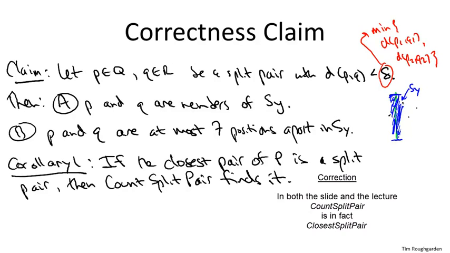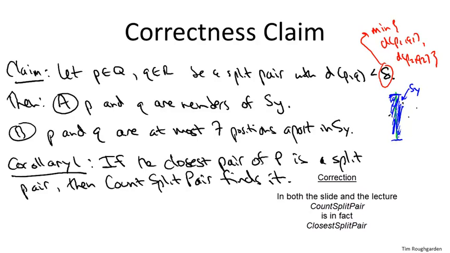Now, what's the content of the claim? Well, the claim is guaranteeing that every potentially interesting split pair of points, namely every split pair of points with distance less than delta, meets both of the criteria which are necessary to be examined by the count split pair subroutine. First of all, and this is the content of part A, if you have an interesting split pair of points with distance less than delta, then they'll both survive the filtering step. They'll both make it into the array SY. Part B says they're almost adjacent in SY.